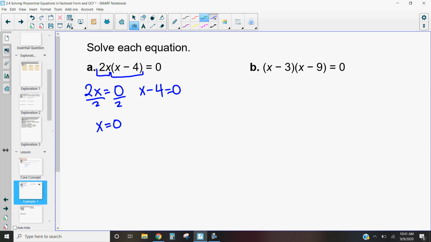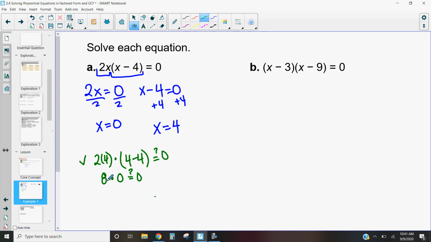Now let's take a look at this other one here. x minus 4 equals 0. We can solve that, and I get x equals 4. Now let's check if that one works. I have 2 times 4 times 4 minus 4. Does that equal 0? Well, 2 times 4 is 8, times 4 minus 4, which is 0.